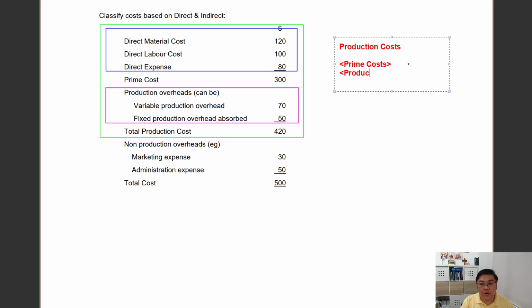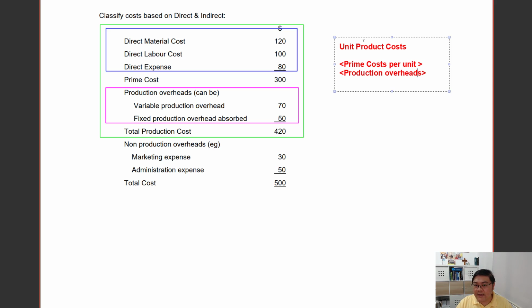Rather, we call it production overheads. If you want to find the unit product cost, that means you want to determine how much is the cost for a unit. For prime cost, you have no problem identifying the amount per unit.